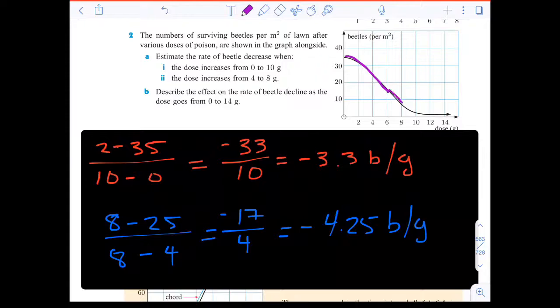However, once we get to about 10, it flattens out. So using more than 10 grams of poison doesn't have much of an impact on the amount of beetles because it flattens out quite a bit over that section. So we can describe that's what happens.